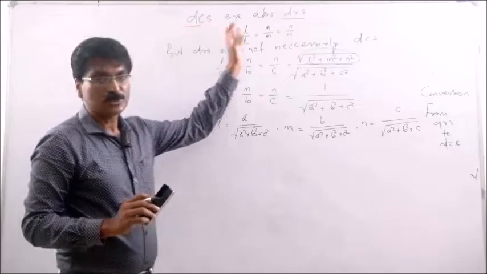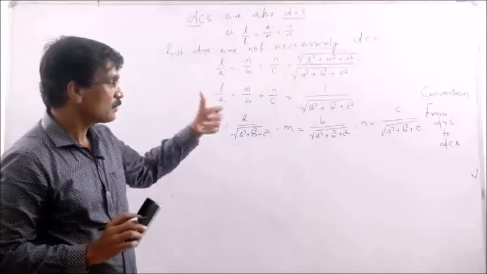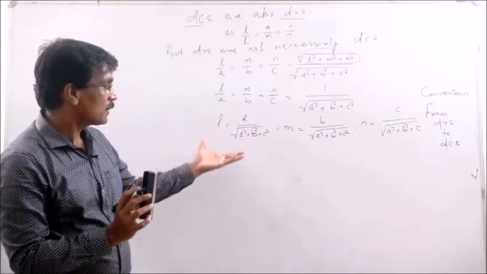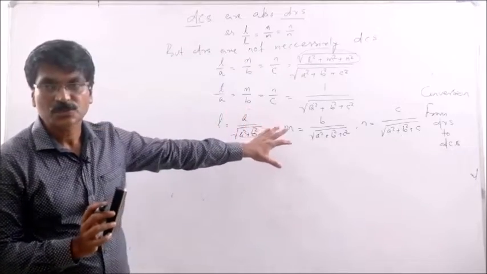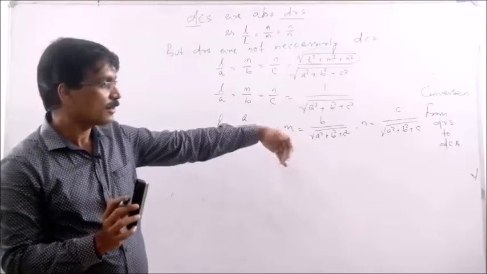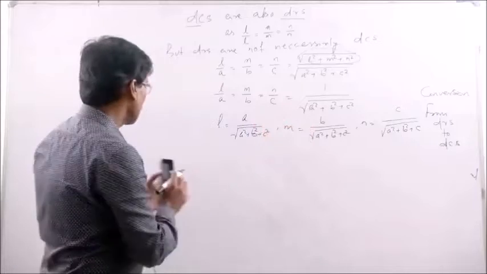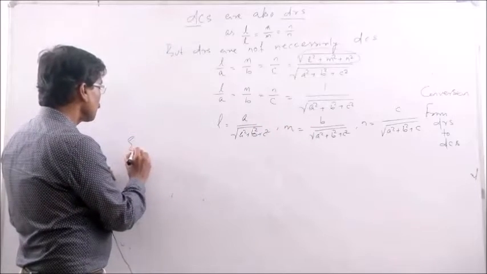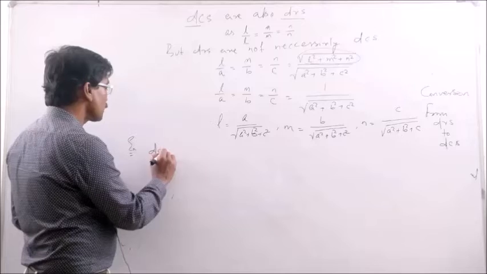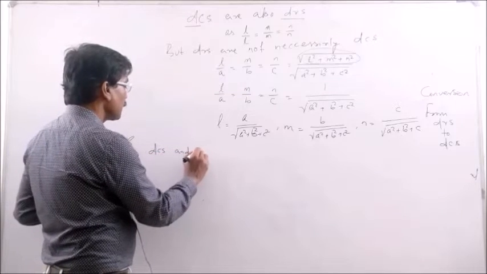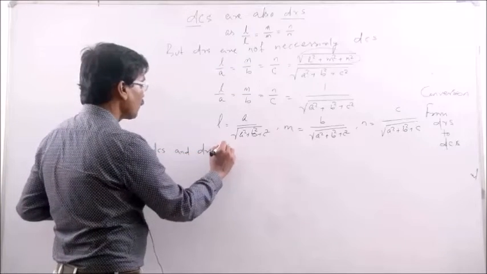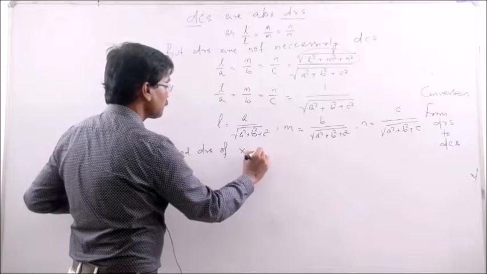from direction ratios to direction cosines. So, direction cosines are direction ratios, but the converse is not true. That means if we are given direction ratios, we can easily convert into direction cosines. So, take one example: what are the direction cosines and direction ratios of the x axis?